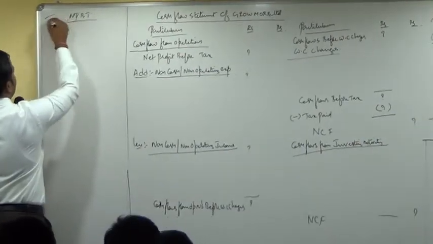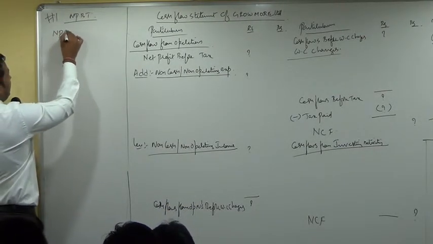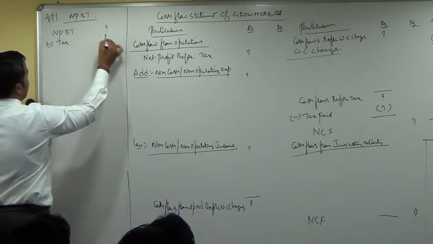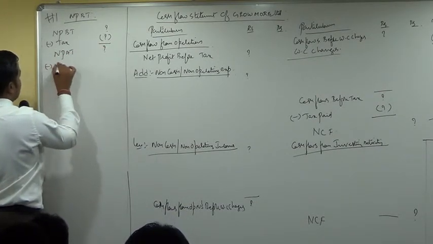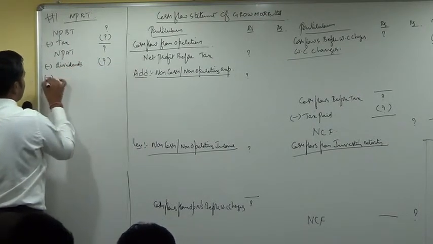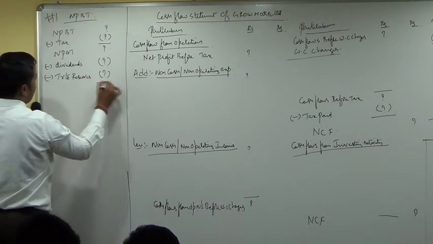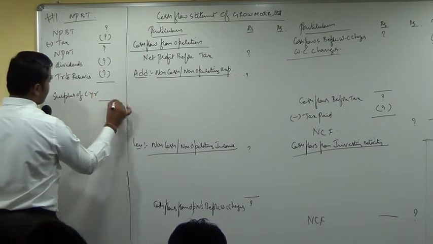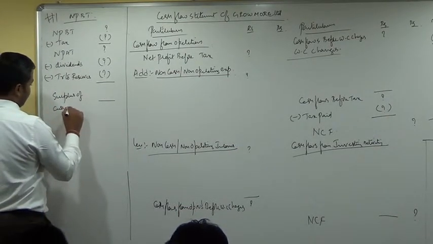NPBT calculation, working note number 1. Look at the board. NPBT question mark minus tax question mark, NPAT question mark, less dividend question mark, less transfer to reserves question mark, surplus of current year.